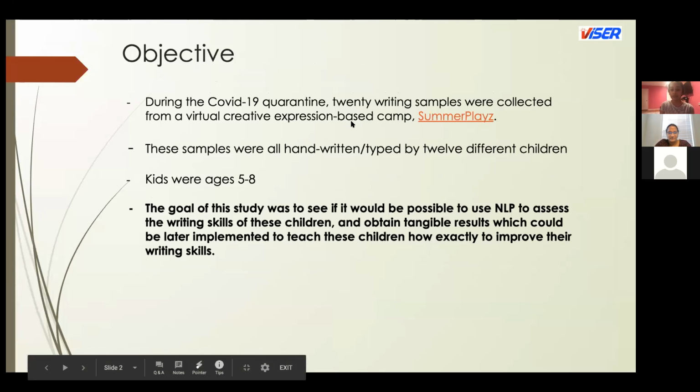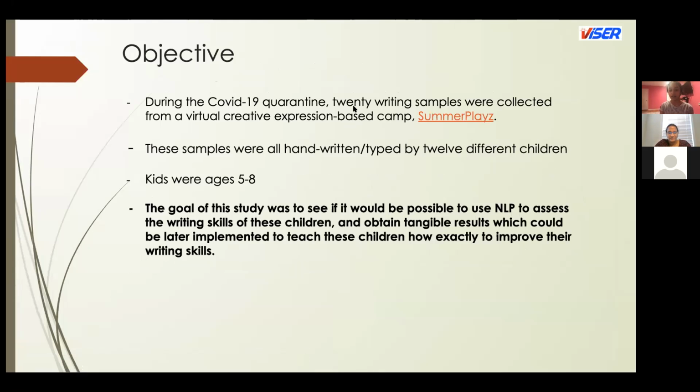I collected these writing samples during the quarantine. There were 12 kids enrolled in a summer camp I was running, based on creative expression, and I gathered 12 writing samples, one from each kid. They were all either handwritten or typed.